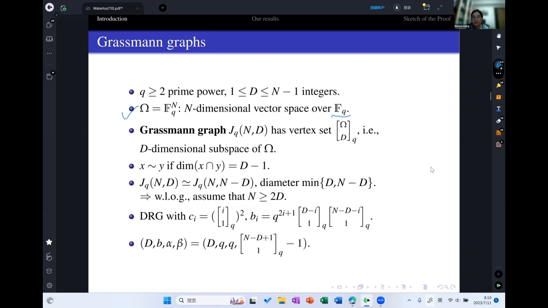And x and y are adjacent if the dimension of x intersect y is exactly d minus 1. Same as Johnson graphs, we also usually assume that n is greater than or equal to 2d. And we still know the intersection numbers and the classical parameters for Grassmann graphs.